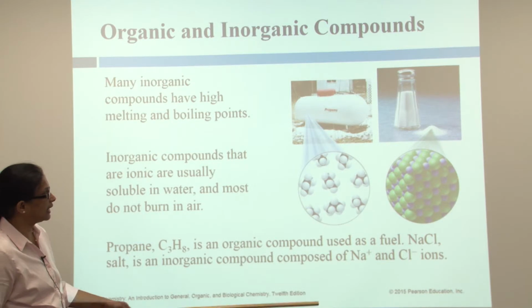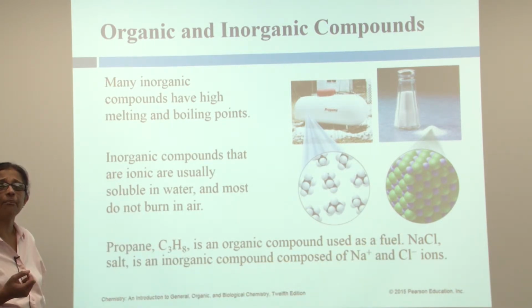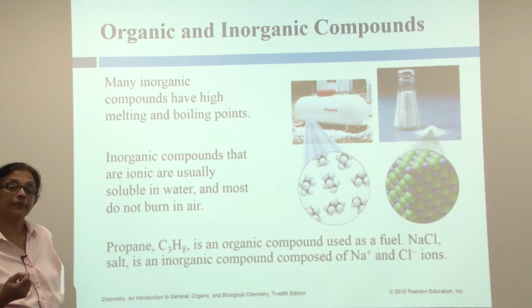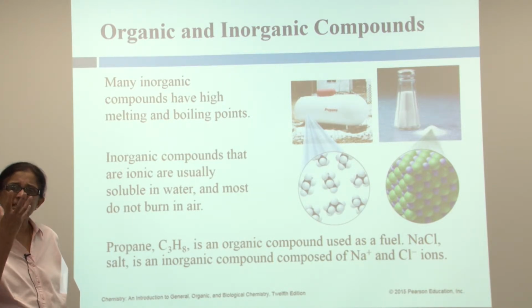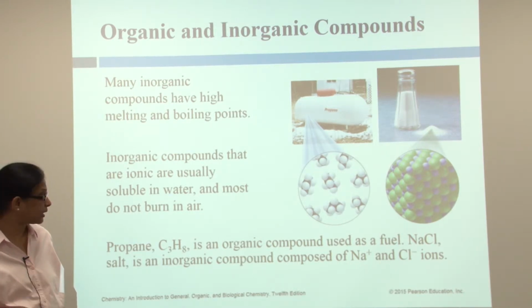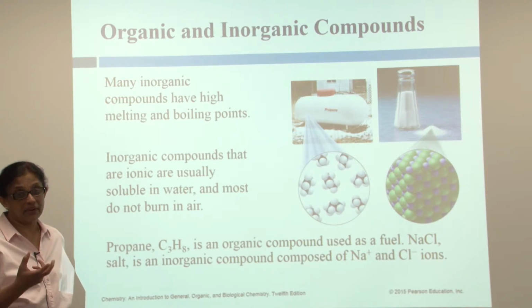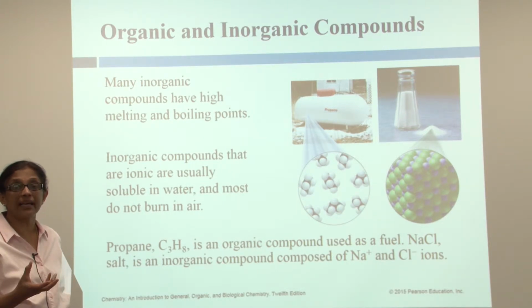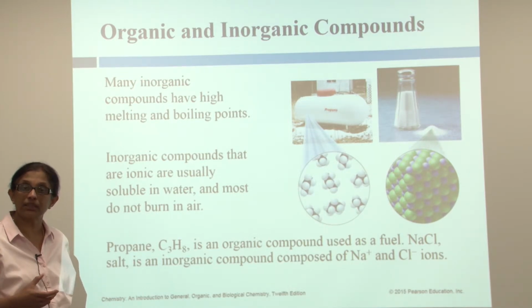Let's look at an inorganic compound, NaCl. The way to identify an inorganic compound would be, does it have a metal and a nonmetal, or a metal and a polyatomic ion? If there is a presence of a metal, it's an inorganic compound. Because of the presence of a metal, there is a possibility of an ion. Because of the presence of a nonmetal, there is a possibility of an ion.